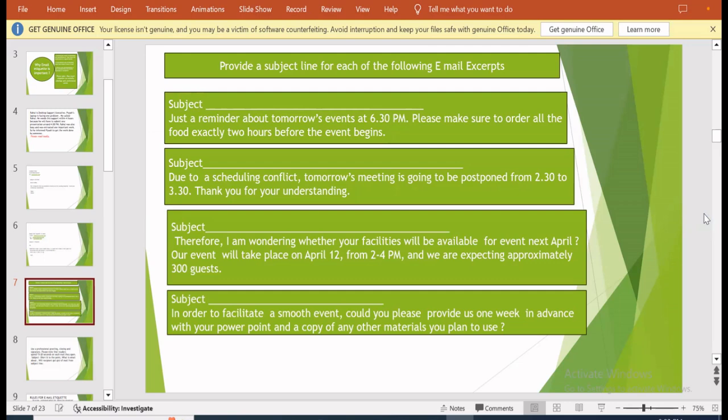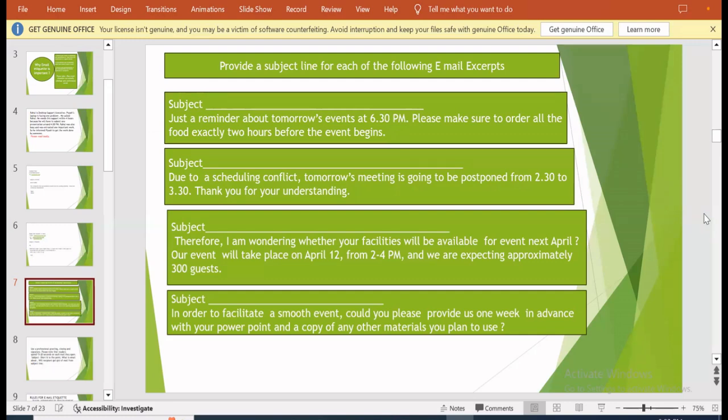In order to facilitate a smooth event, could you please provide us one week in advance with your PowerPoint and a copy of any other materials you plan to use? Please think and reply. You understand what the subject content is.